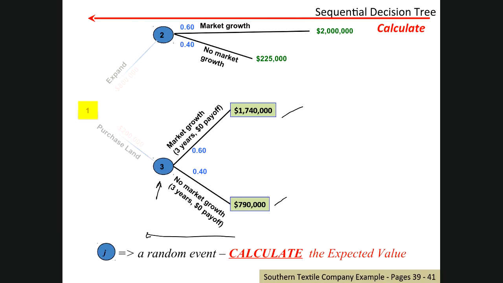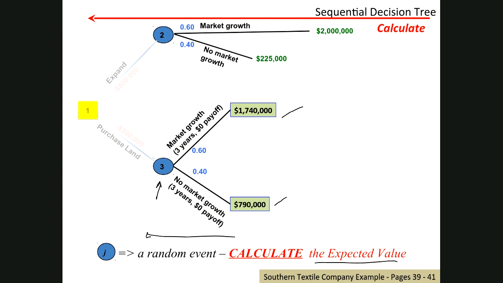And so we're going to calculate the expected value. And hopefully you've got the rhythm of this thing. So now of this process, the expected value at location 3 is in fact 0.6 times 1.74 plus 0.4 times 790,000.